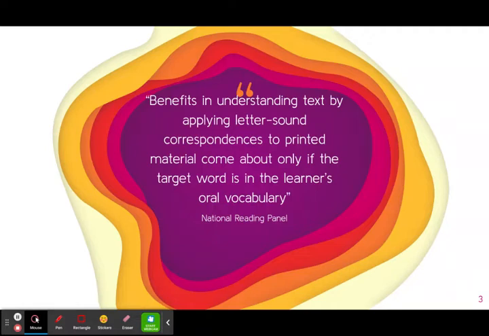So here's a quote. Benefits in the understanding of text by applying letter sounds correspondence to printed material come about only if the target word is in the learner's oral vocabulary. The National Reading Panel put out this quote, and I think it is very important to think about.